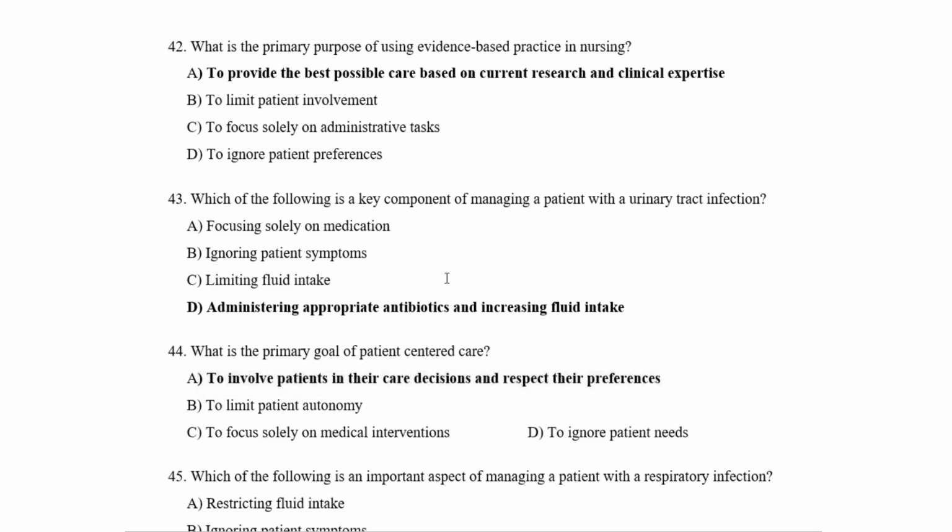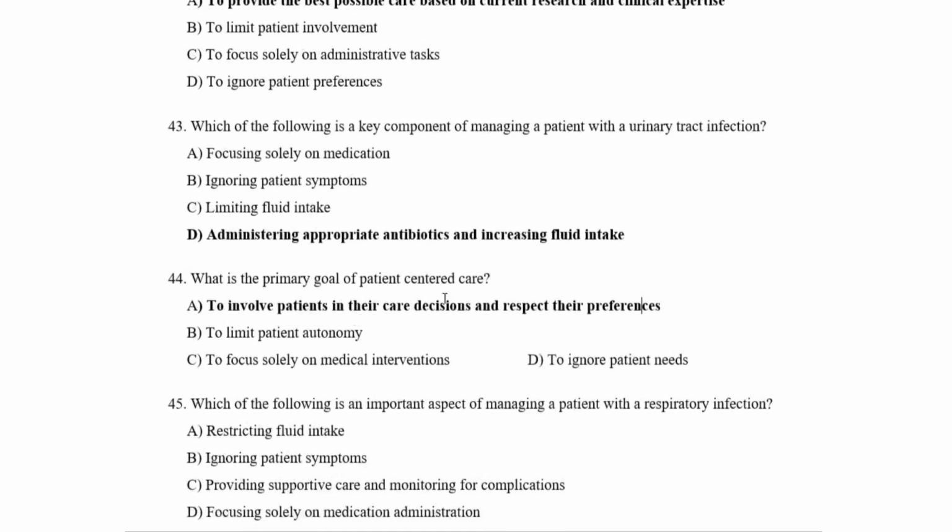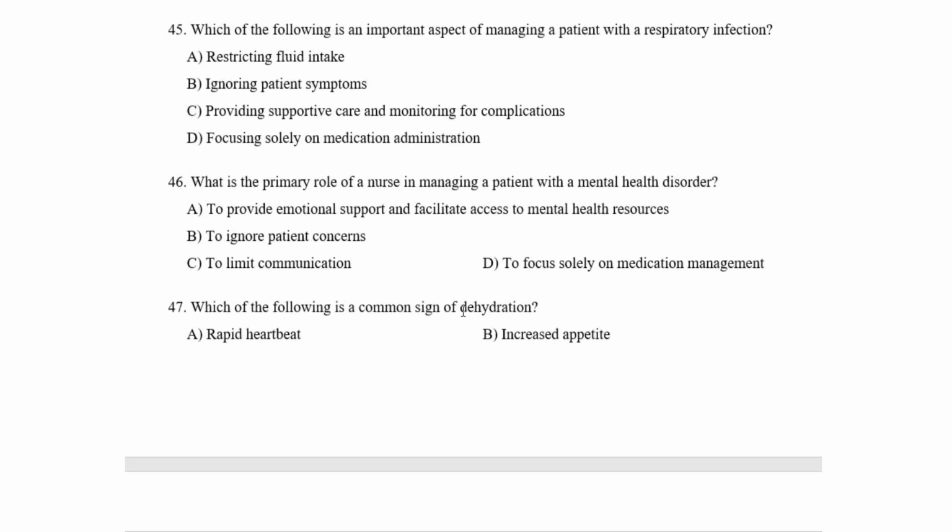Well, similarly let's look at question number 45. Which of the following is an important aspect of managing a patient with a respiratory infection? Option A, restricting fluid intake. Option B, ignoring patient symptoms.